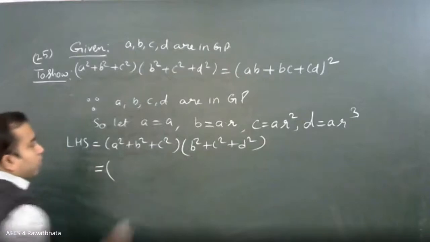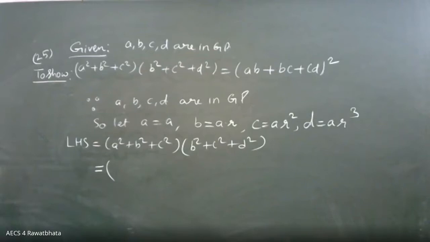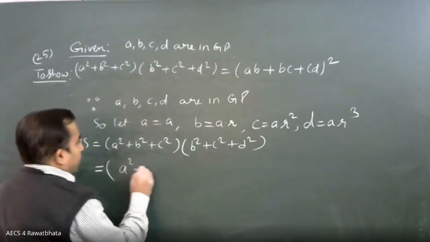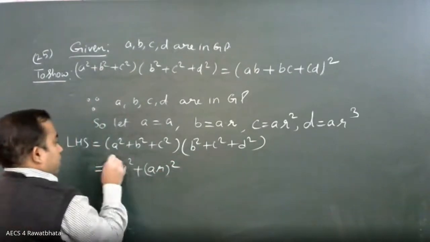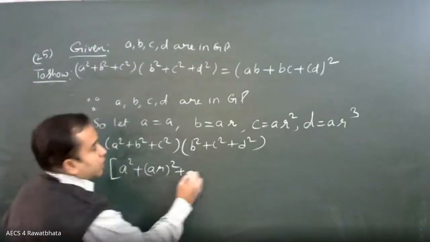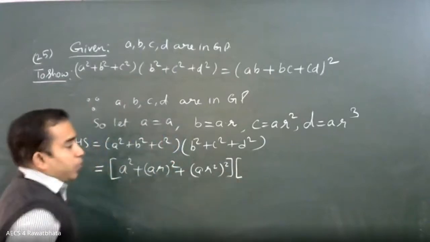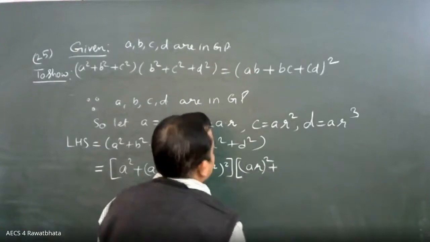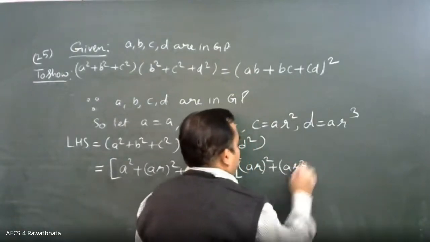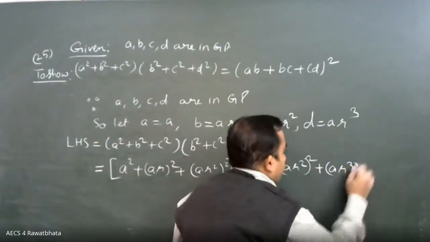And let us put the values in terms of A and R. So this will become, students, (A square plus A, B is AR, so AR whole square, plus C, C is AR square, 2 whole square) multiplied with (B square, B is AR, square, plus C is AR square, square, plus D, D is AR cube, whole square).